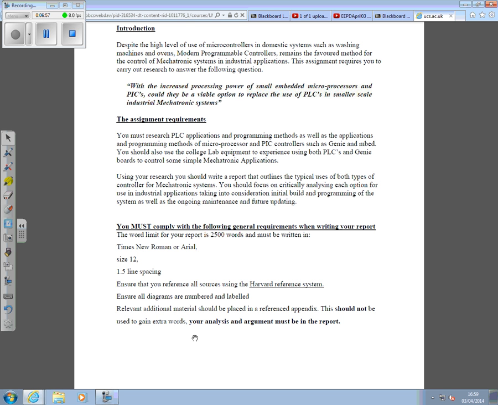Okay? So, yes, some well-chosen additional appendix material, but if it's not signposted that there's more detail to be found in the appendix, I'm not going to be reading it. Your argument and your reasoning must be in the main report, as it won't get read in the appendices.